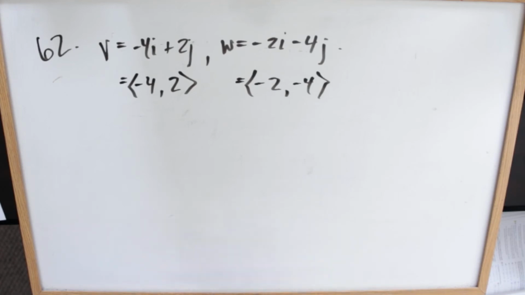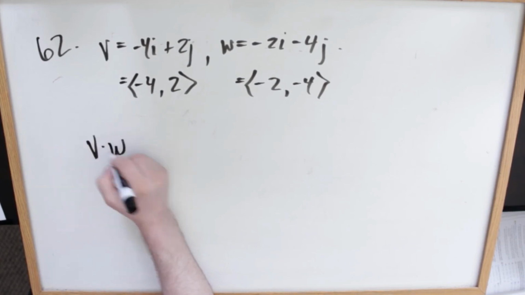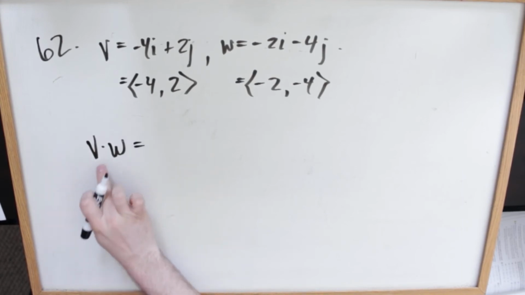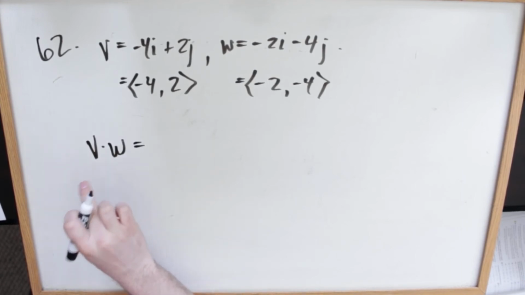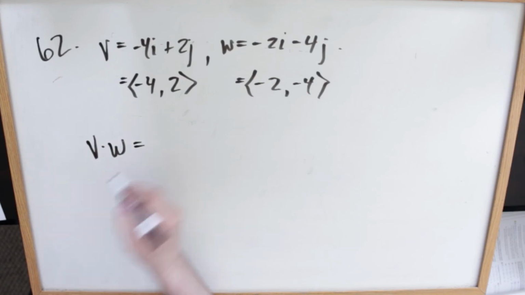Okay, so now we need to find the dot product. This is going to look a little different. So we've got V dot W, the dot product of V and W. We're not multiplying. Because these are not variables, they're vectors, it's going to look a little different.